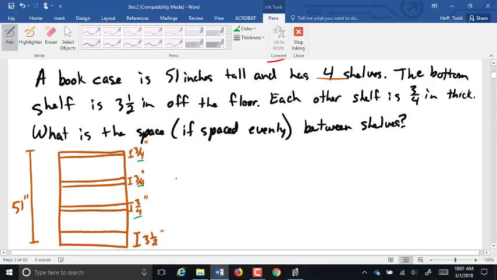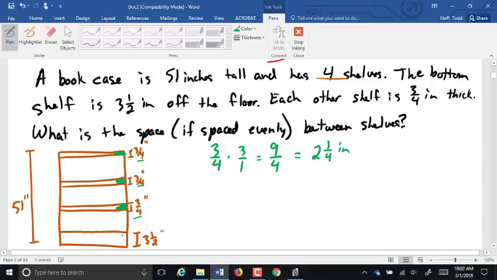We have 1, 2, 3, 3/4. So let's just do 3/4 times 3. We're going to make it times 3 over 1. That's 9/4, or 2 1/4 inch. That's used up by the shelf thicknesses. That's why it's nice having different colors. I can color them in so I know they've been used.